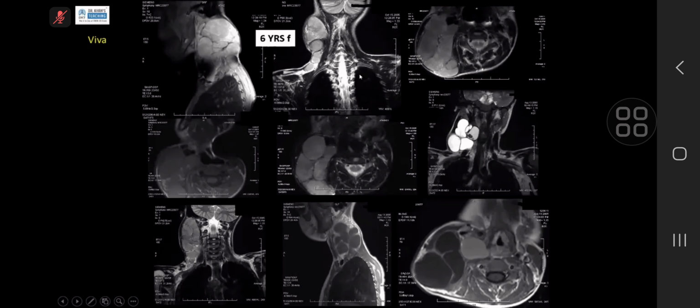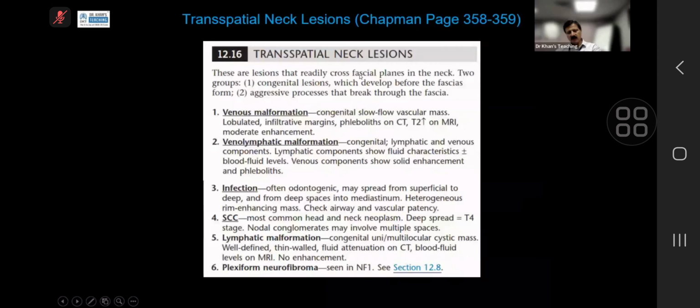Lymphangioma. Okay, good. So the point is that this is a differential diagnosis, which is transfacial neck lesions. These are lesions that readily cross facial planes and neck, two groups: congenital lesions and aggressive processes which break through fascia.